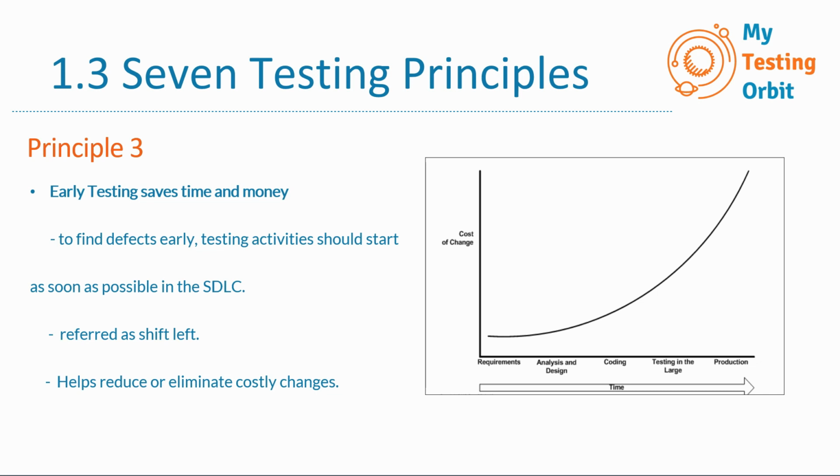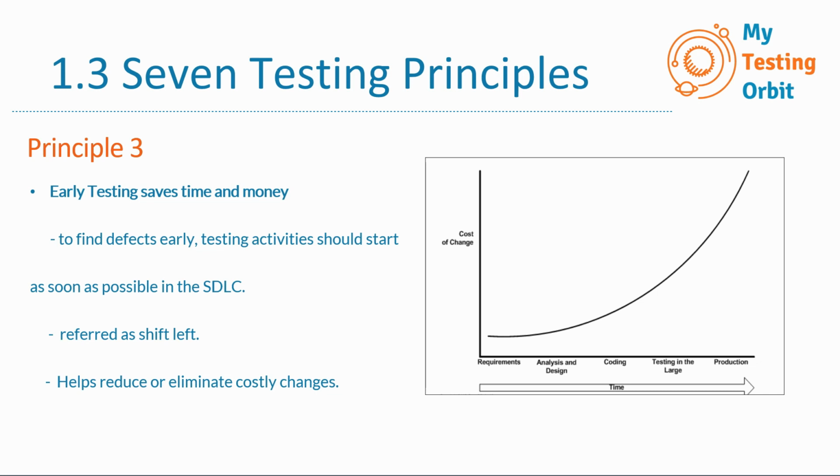So as we move ahead with our phases and we make any change, the cost of change is more as compared to the cost of change if we find something, let's say, in the requirement phase itself, because we haven't gone through the entire phases yet of the life cycle.